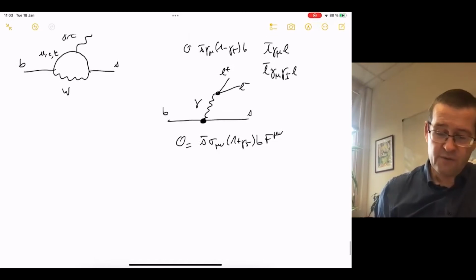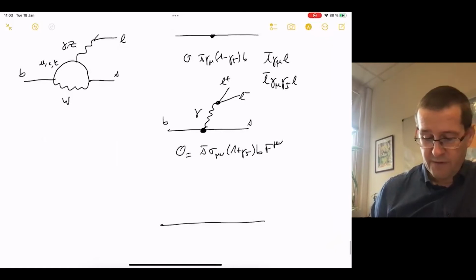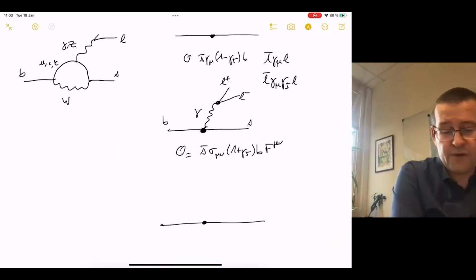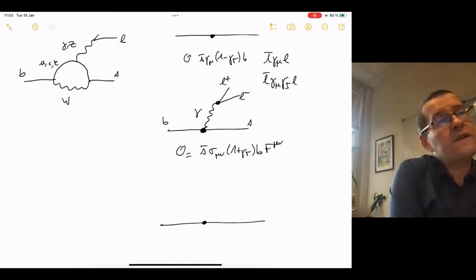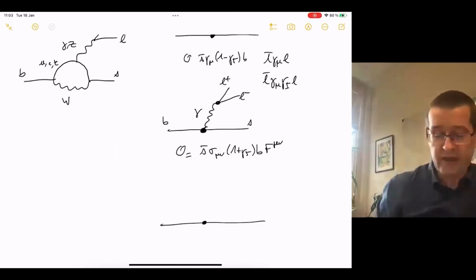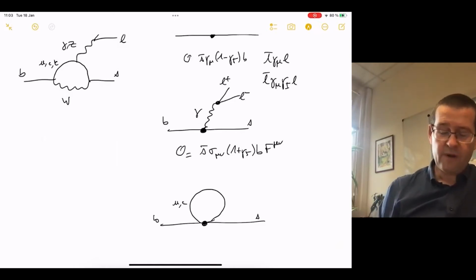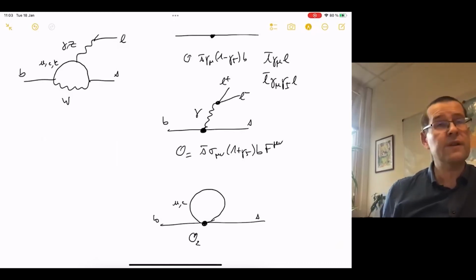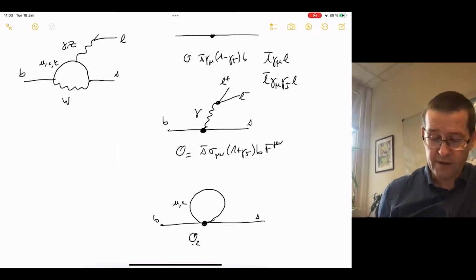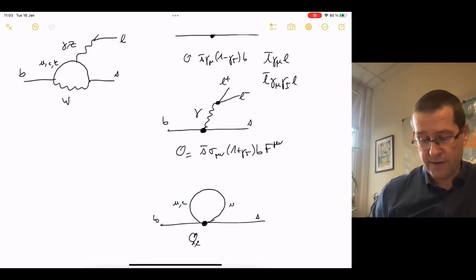And you can even do something worse: I could have a photon and then an up quark or a charm quark, and the up quark and the charm quark are still degrees of freedom propagating in my effective theory. So another thing that could happen is that I've got B and S with an operator which will actually be O2, which is just the operator we discussed before, because that's going to be O1 and O2, because these are just the W exchange between the various quarks inside.